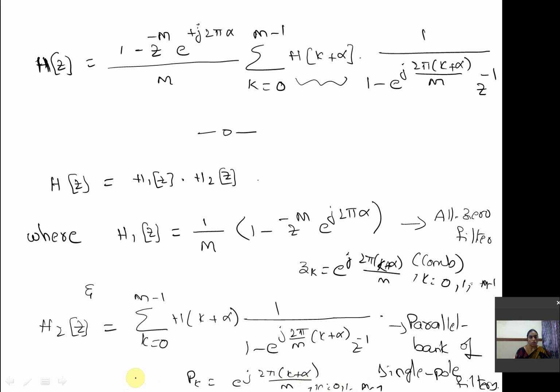Here H1(z) is said to be the all-zero filter or comb filter, and H2(z) is nothing but the pole filter. That is a parallel bank of single pole filters, since here summation is used. Now we just realize these two.